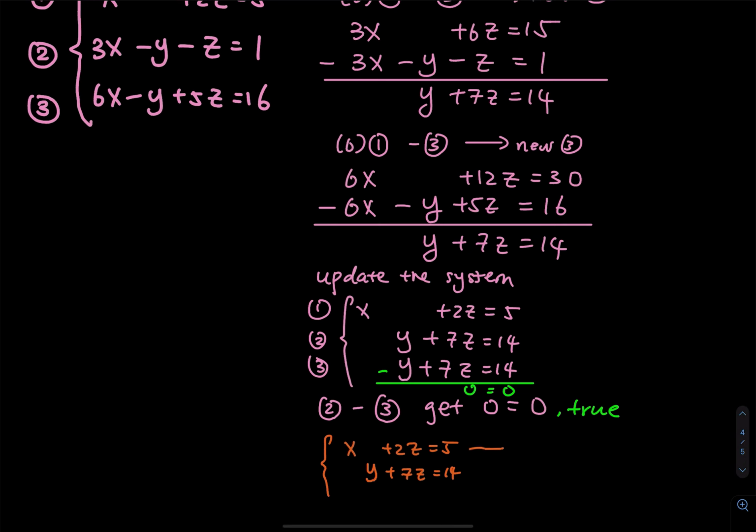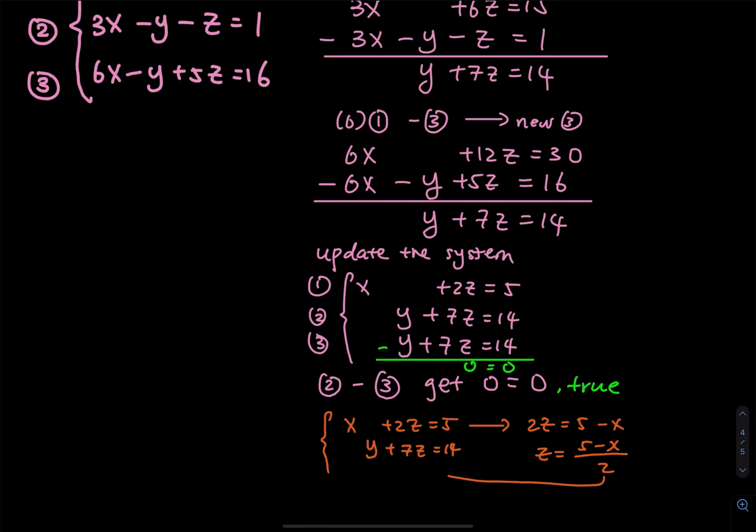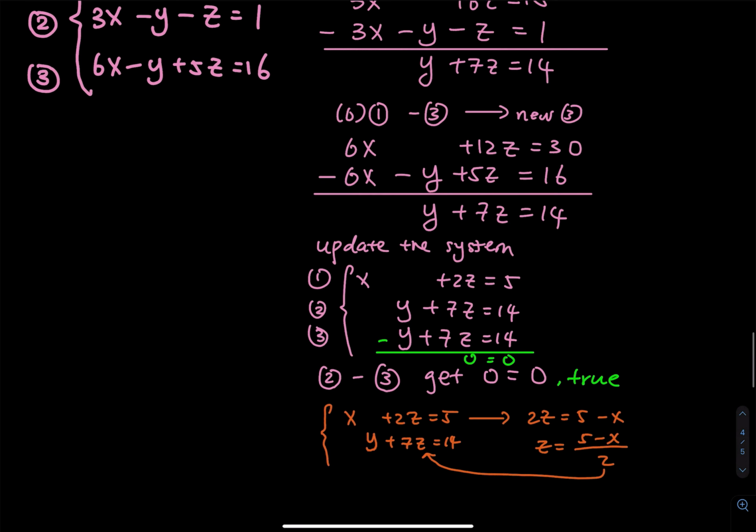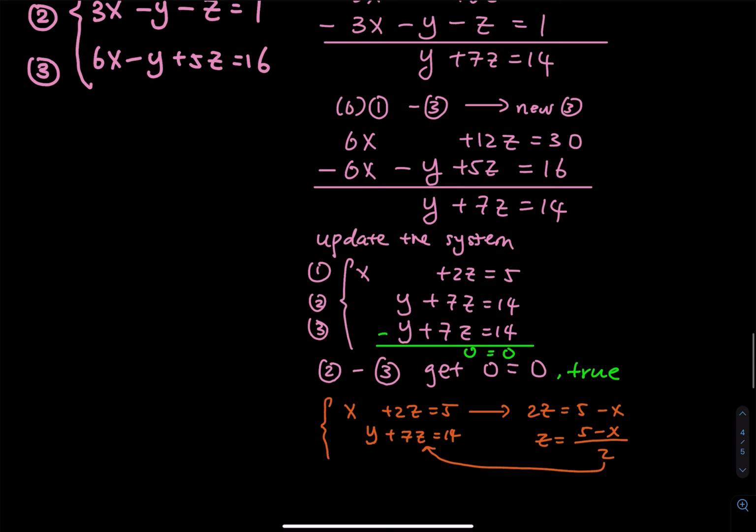Can we do 2z equals 5 minus x, and then divide both sides by 2, 5 minus x divided by 2, and then plug in the z over here? That works, but the substitution is not going to be helpful. So 7 times 5 minus x divided by 2 equals 14. You still have one equation with 2 unknowns. So that one is impossible.